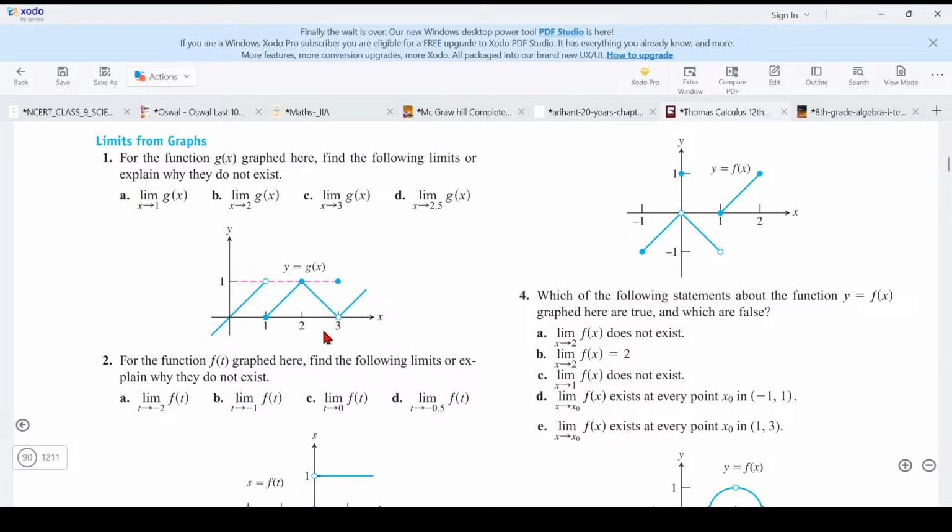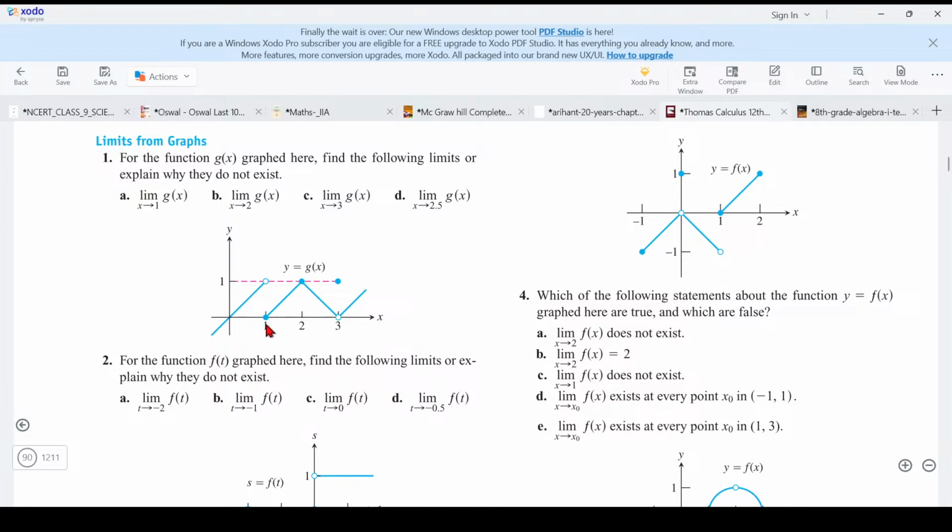If you are approaching x from the right, where are you approaching? Again 1. So that's why the limit is 1.